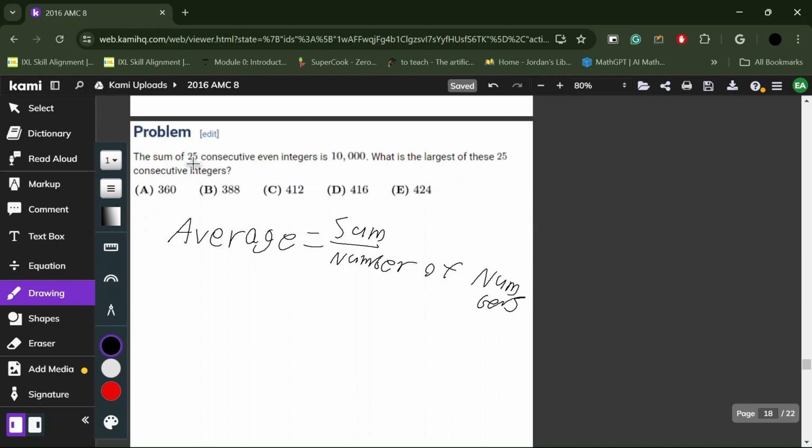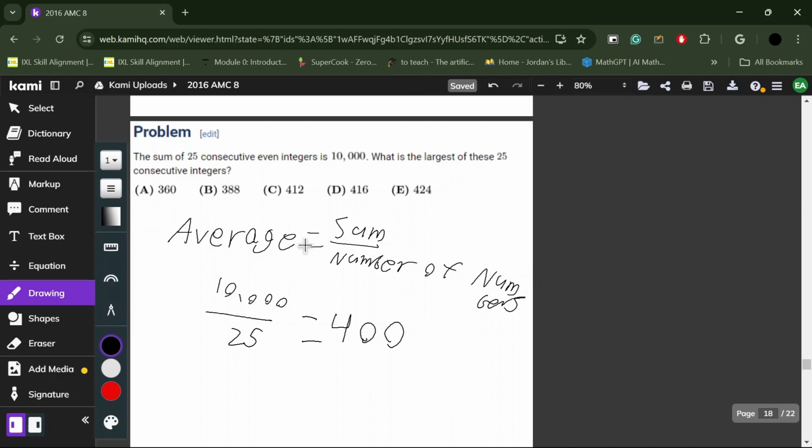So if we already know what the sum is and what the number of numbers is, we can just use this formula. So we get 10,000 divided by 25, which is equal to, I think it's 400, right? Because 400 times 25.